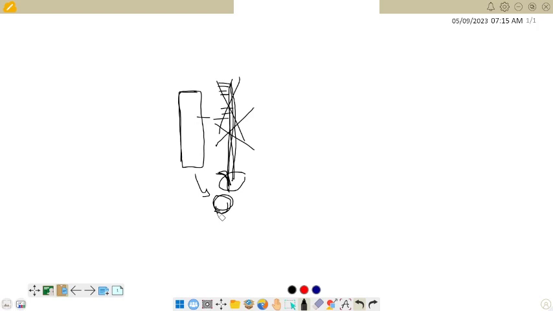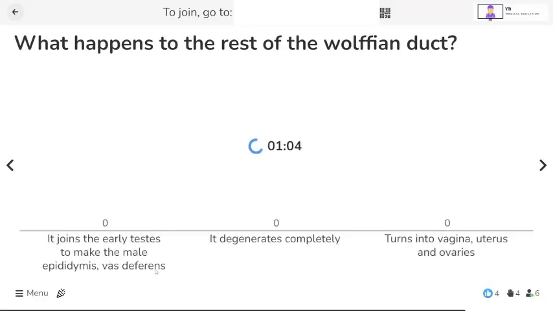It's a duct, a tube, so it could create other tubes like the vas deferens and the epididymis. So the epididymis and the vas deferens are also formed by the Wolffian duct. The way I remember it, wolf is like a masculine animal, so it makes sense that it forms the male epididymis and vas deferens.